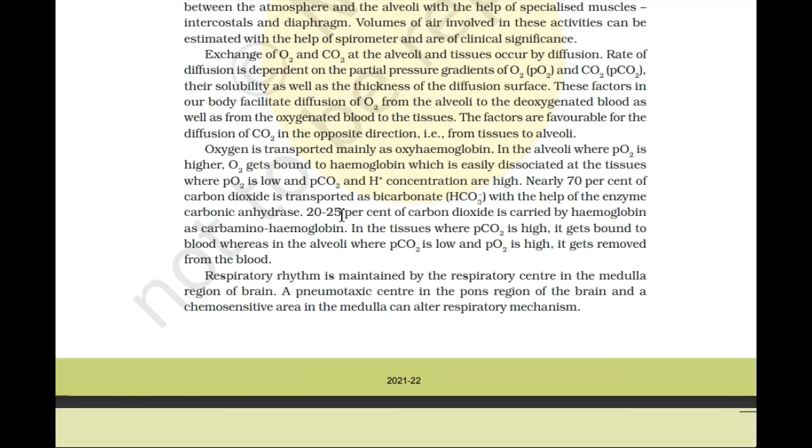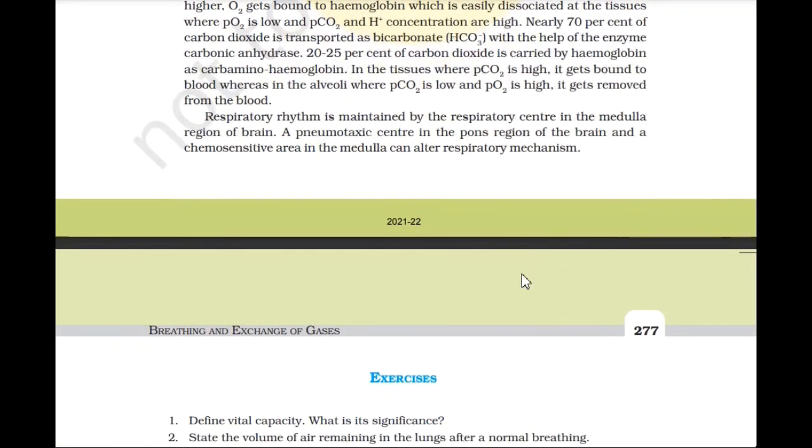Nearly 70% of the carbon dioxide is transported as bicarbonate, HCO3 minus, with the help of the enzyme carbonic anhydrase. 20 to 25% of the carbon dioxide is carried by hemoglobin as carbaminohemoglobin. In the tissue where PCO2 is high, it gets bound to the blood, whereas in the alveoli where PCO2 is low and PO2 is high, it gets removed from the blood.